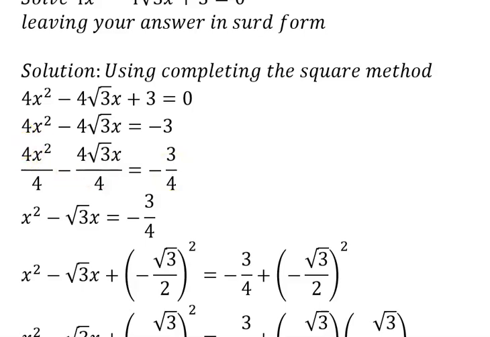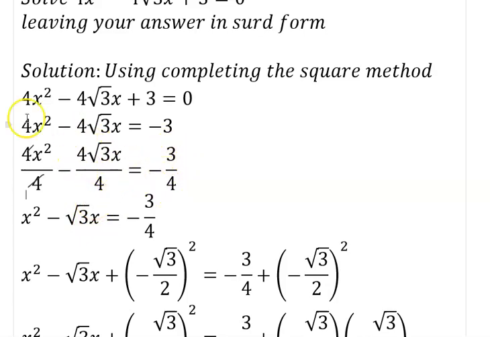By the time we divide all by 4, it means the 4 that we have here cancels the 4 that we have here. So here we'll be left with x squared minus 4 root 3x over 4 equals minus 3 over 4.